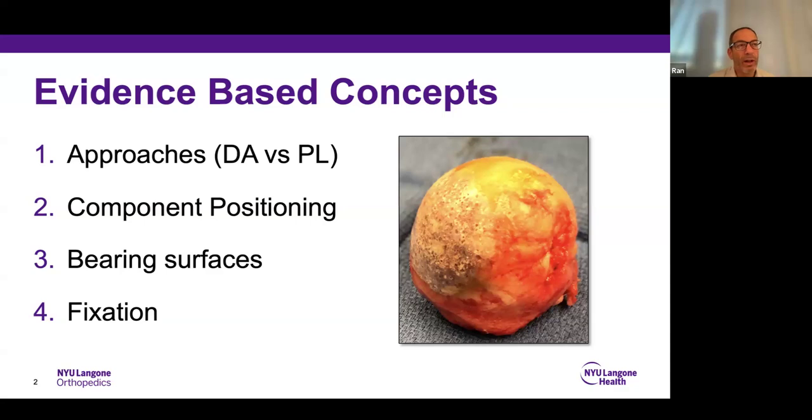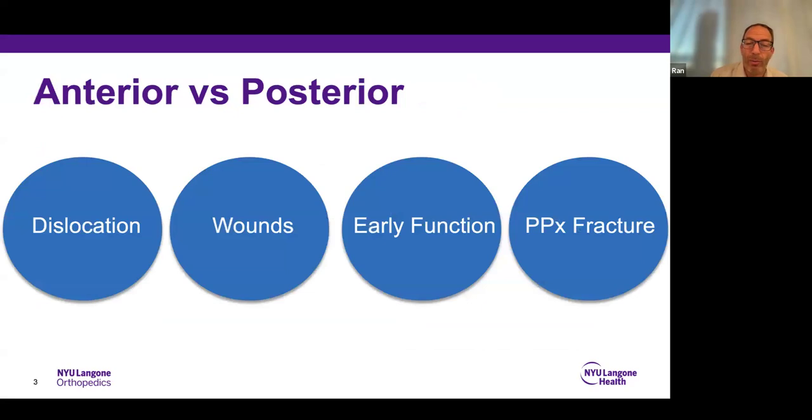I think the most versatile and the one that's most easily extensible is either doing the modified lateral, if you're comfortable with that, or doing the posterior approach, which is also a trauma approach, which many surgeons may be comfortable with from doing acetabular and pelvic trauma. So the important thing, as we get into it, is how we position our components, and then what bearing surfaces and fixation. It more depends on what implants you have available.